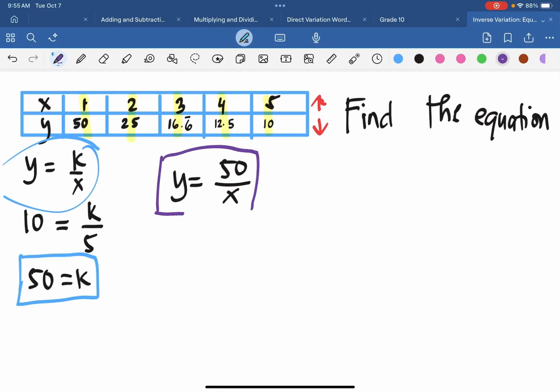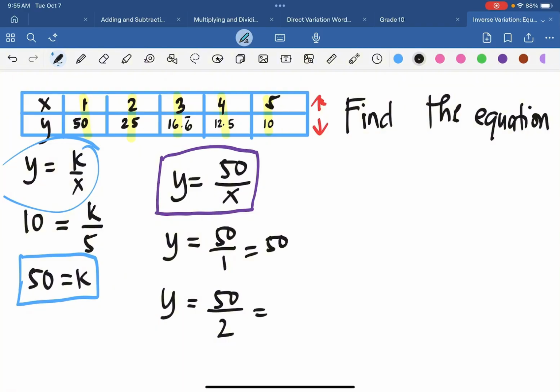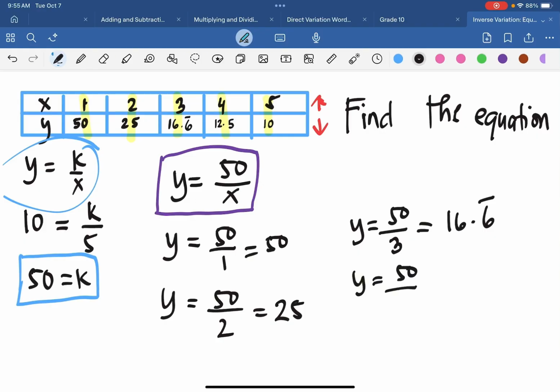But just to check if this one is really correct, let x be 1, so 50 divided by 1 is 50. Let x be 2, so 50 divided by 2 is 25. Let x be 3, so 50 divided by 3 is equal to 16 point repeating 6.